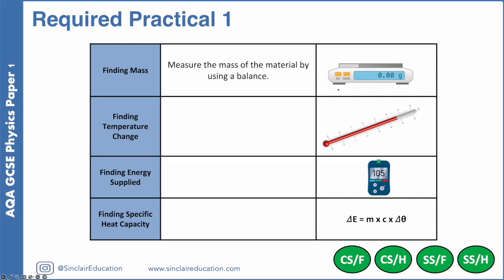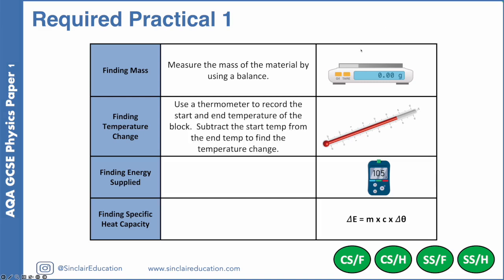To find the mass, we'll measure it using a balance. Remember, if that is a fluid, you'll want a beaker or container on there beforehand that you reset to 0 to find the fluid's mass. For temperature change, we'll have a thermometer to record the start and end temperature, and we'll subtract the two values.